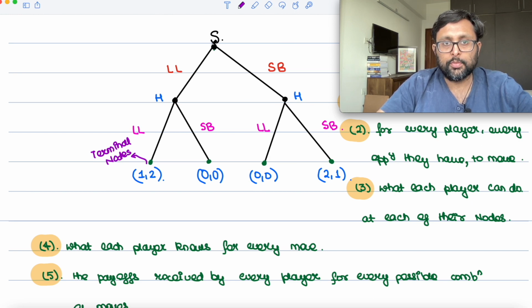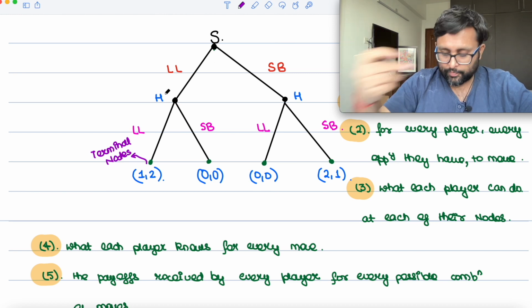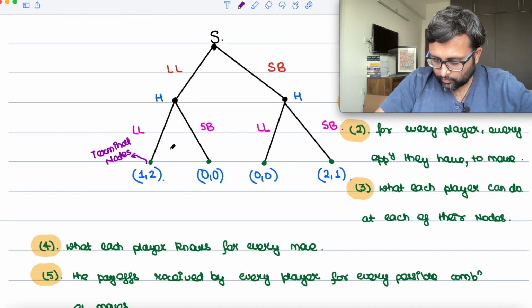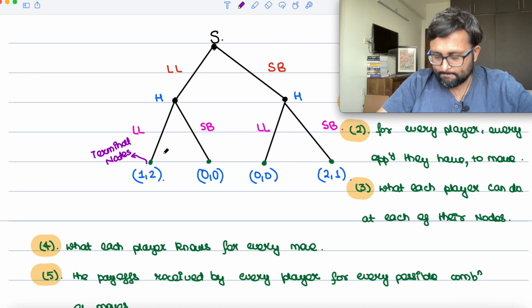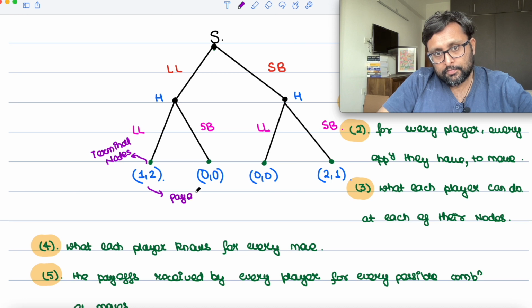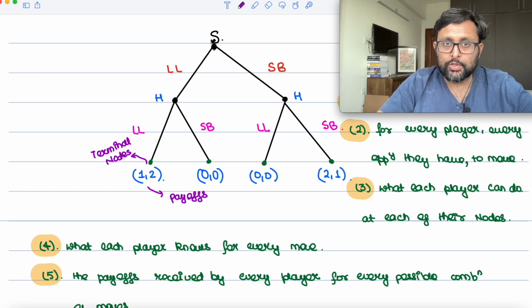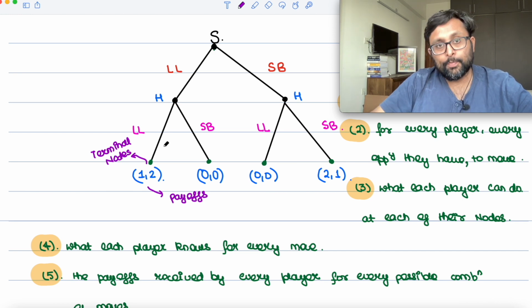This is a non-terminal node, this is a non-terminal node, and the letter at these non-terminal nodes indicates who the player is sitting at that node, right? And these numbers are the payoffs. The first one is for the player who is moving first, the second one is for the one who's moving second. Player one, player two, right? So this is what it is.